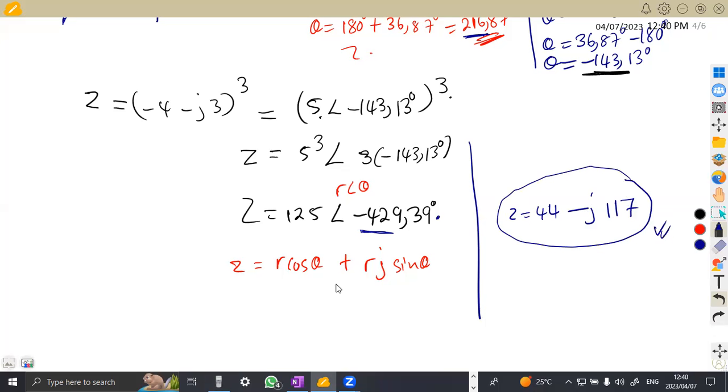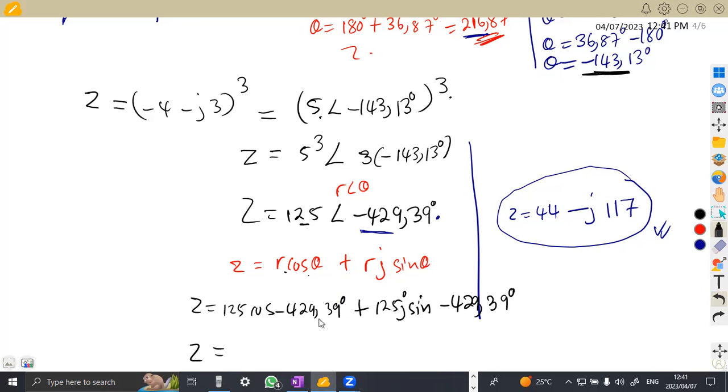You are asked for rectangular form. But as we are supposed to do it this way, we are supposed to show this working. Which means your z in this case is going to be r cos theta, that's 125 cos of theta, which is minus 429.39 degrees, plus rj sine theta. Our r is 125 times j sine of minus 429.39 degrees. So what you're going to do is simplify each. Make sure that your calculator is in degrees.